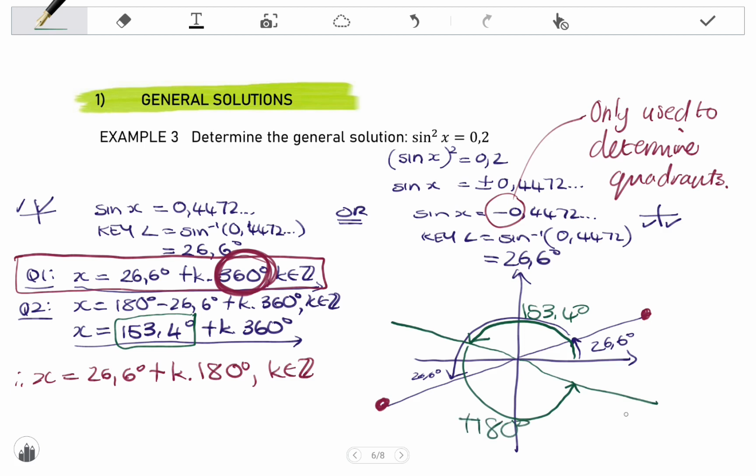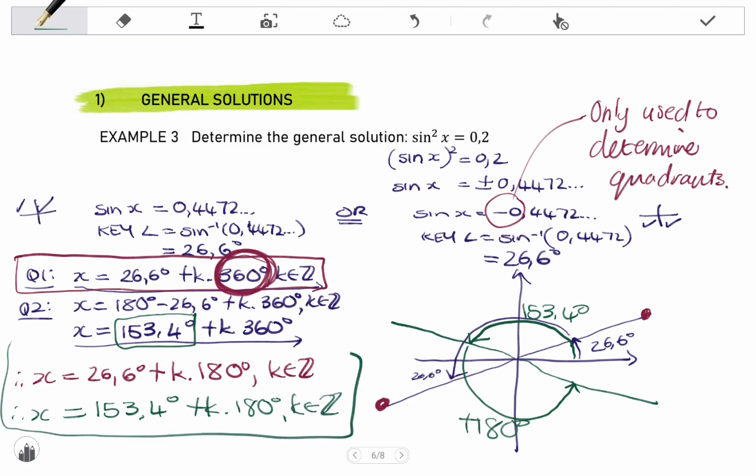So instead of writing a whole new general solution for the fourth quadrant, I can just reuse and refine my solution for the second quadrant and say, instead of multiples of 360, if I add multiples of 180, I would account for the solutions in the second quadrant and in the fourth quadrant. Then these two general formulae would be your final answer.